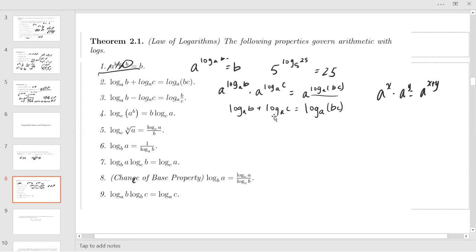Now for the third property, we have the subtraction of logs. So we can start, so we have a to the log over a to the log.